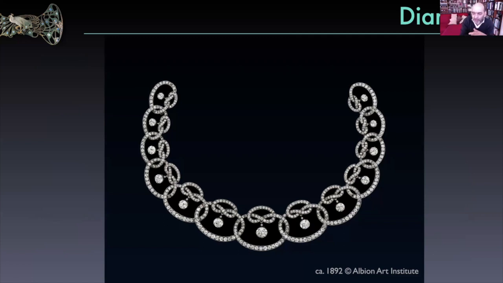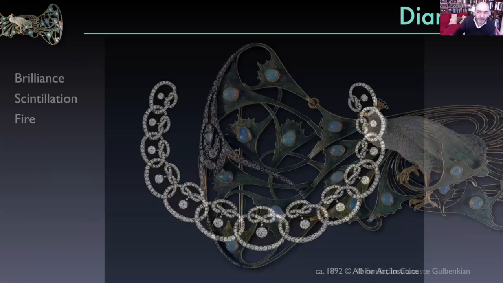This is an 1892 piece, so it's not the traditional Lalique period of making jewelry, but this is a diamond necklace. This is only diamonds. Not much his style after this. After that, he started to use diamonds not for their value, but for their optical properties.